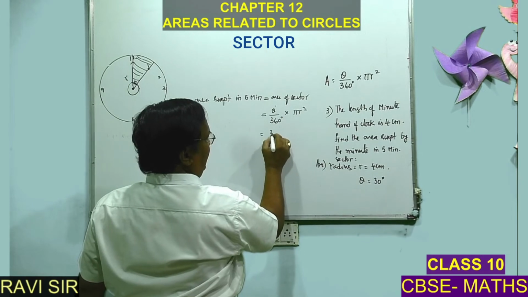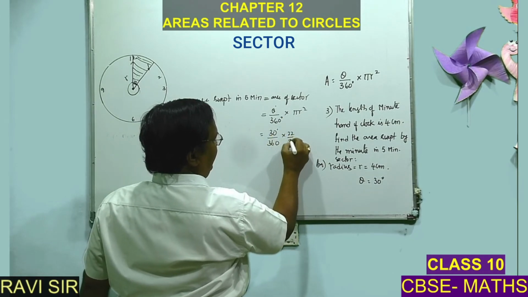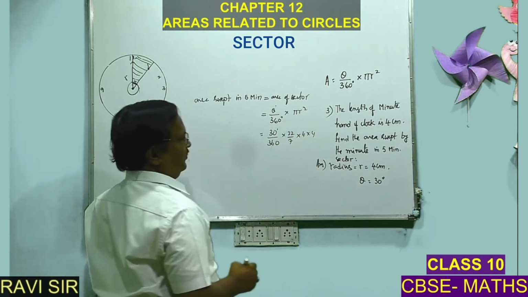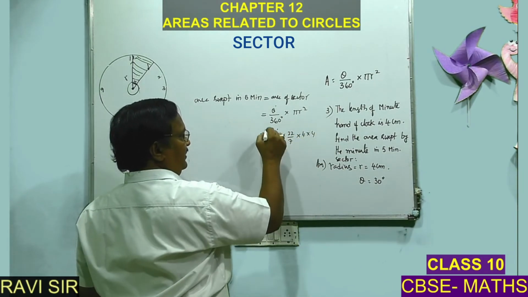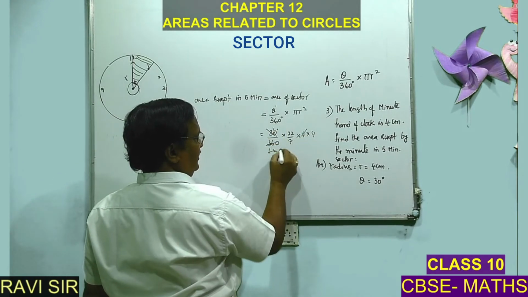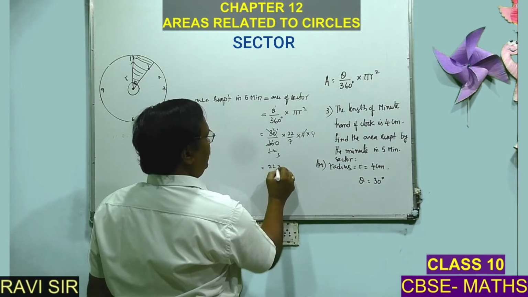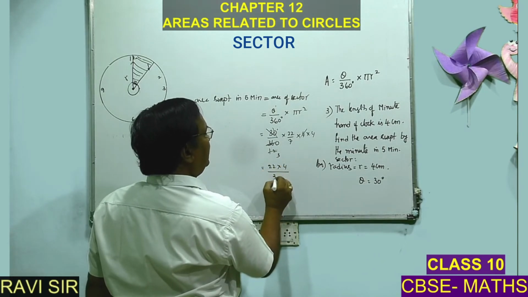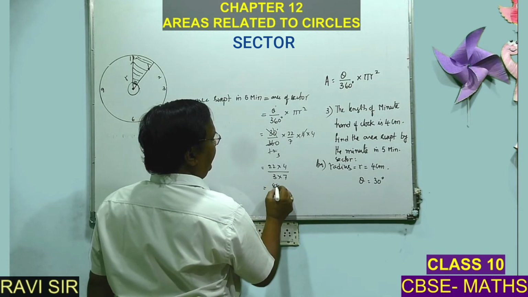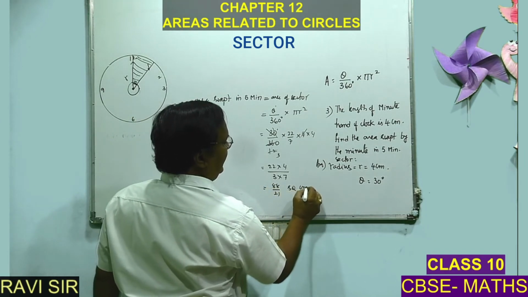Theta is 30 degrees, so 30 by 360 into 22 by 7 into radius, which is 4 into 4. Now cancel: 12 times, this 3 times over. So, 22 into 4 upon 3 into 7. So, now 88 by 21 square centimeter.